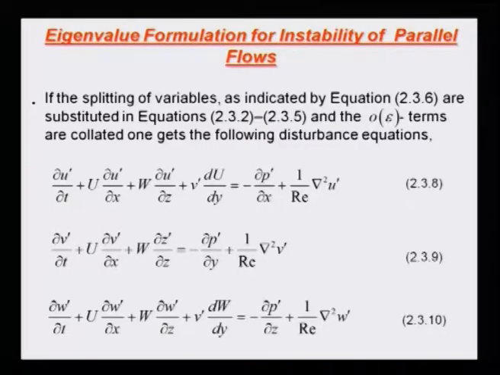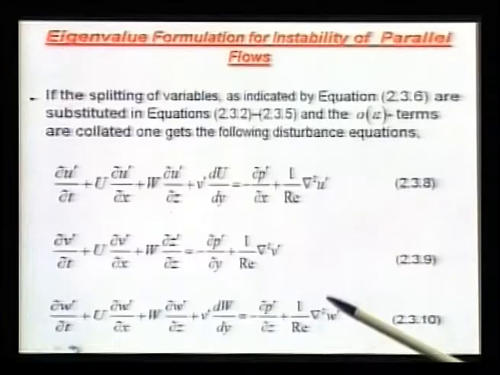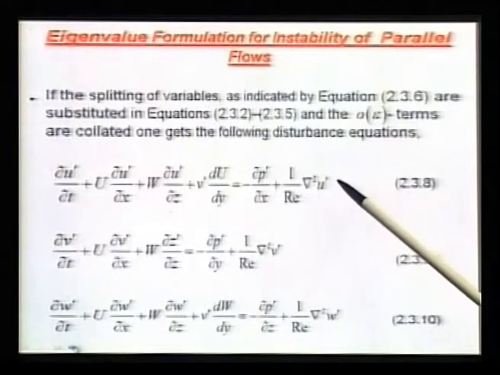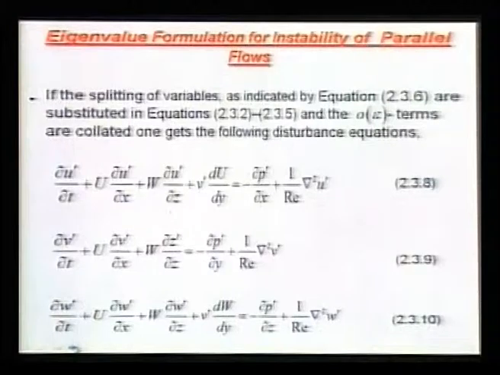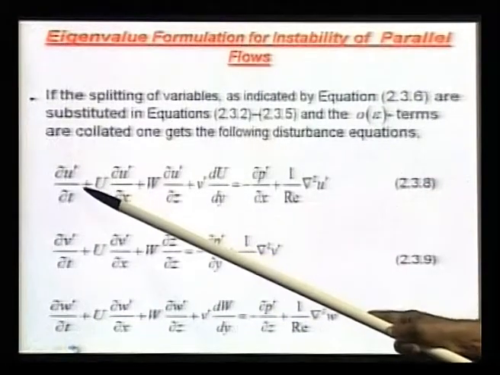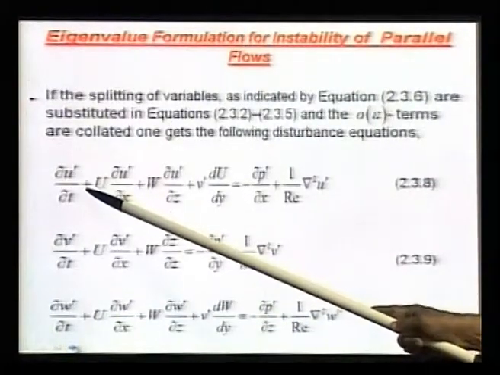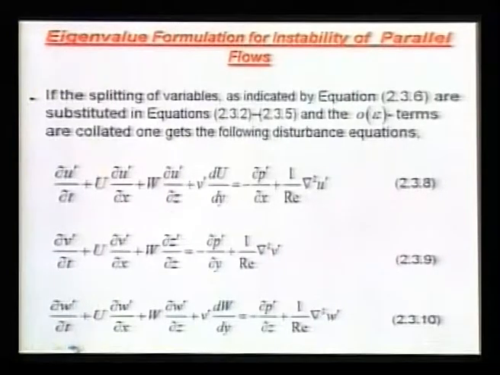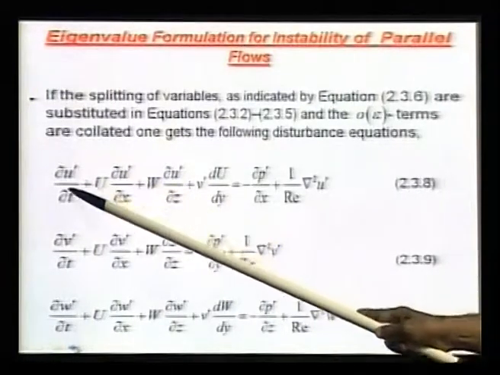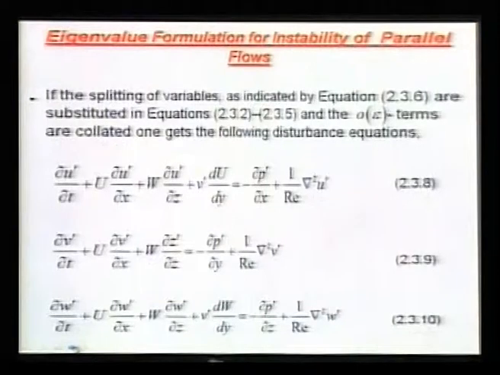Well, we do get those disturbance equations, and we have done it for inviscid analysis, and I would let you look at these equations and decide for yourself if they are correct or not. Well, this term directly comes from del u del t, because the mean flow is not time dependent. So, all the time dependence would come from the disturbance quantity. What about this term?